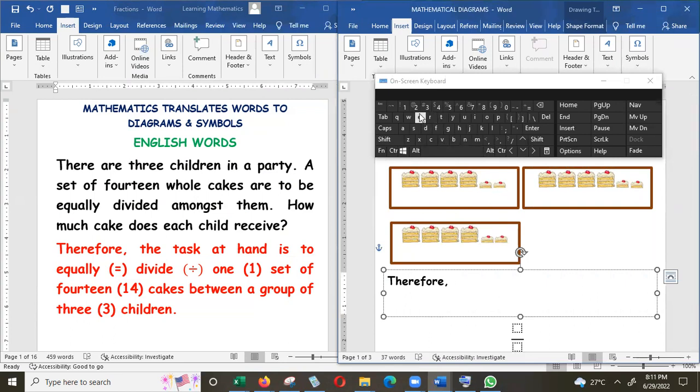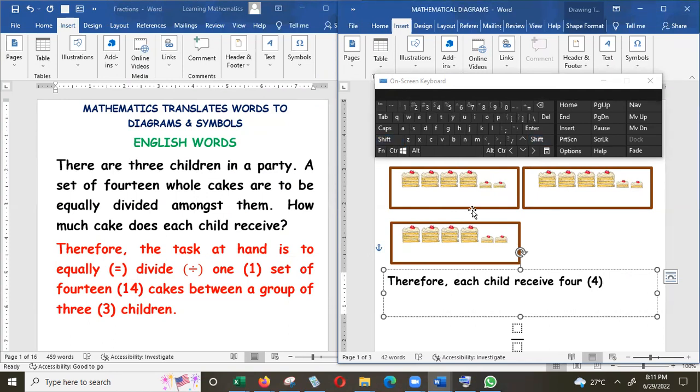each child received 4 whole cakes, and here's the symbol for 4, the mathematical translation for the word 4.